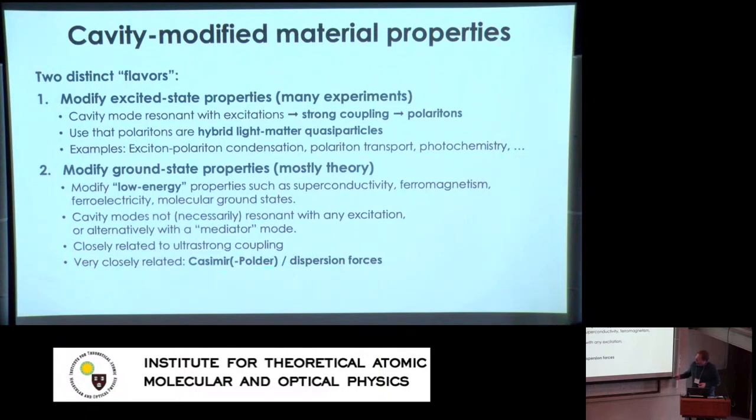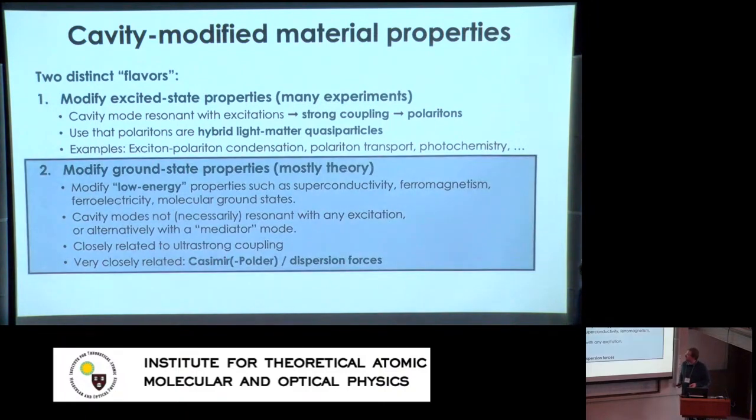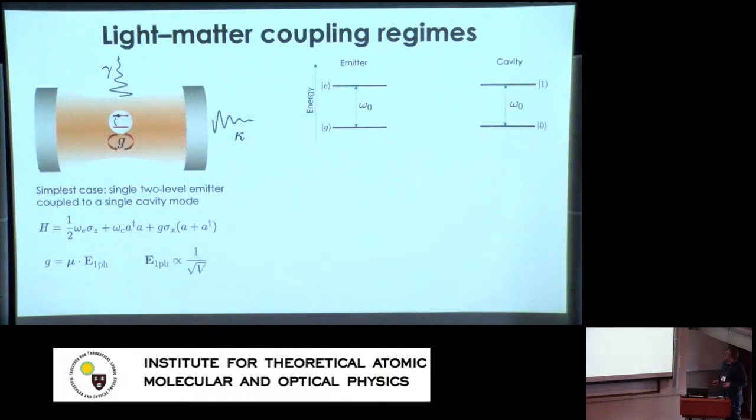That's very related to ultra-strong coupling, and also very closely related to work that has been done for decades in the context of Casimir-Polder physics and dispersion forces. And this is what I'm going to be focusing on today.